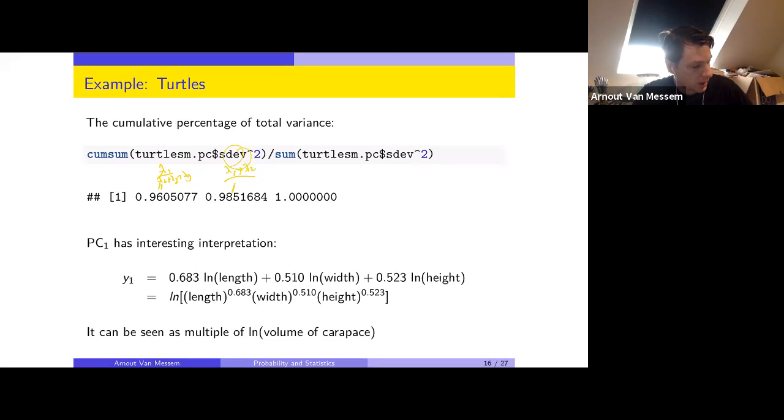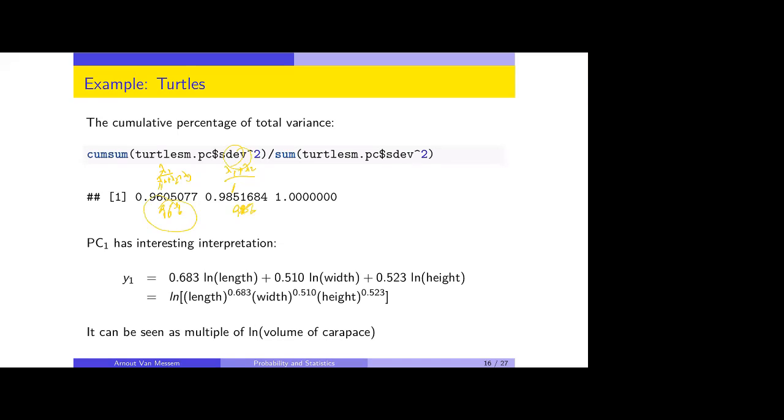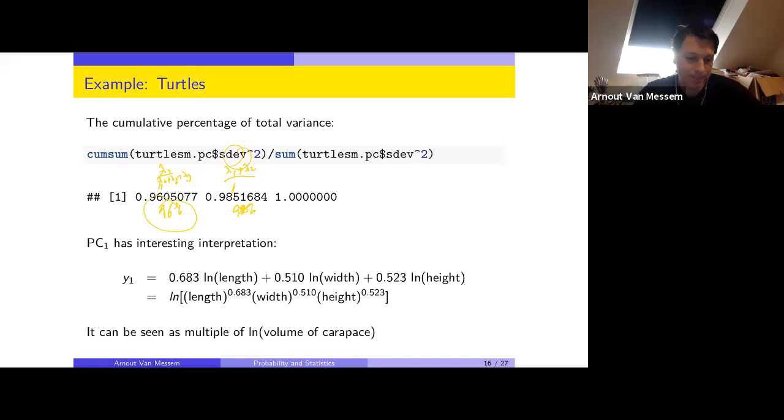You can see this is 96%, this is 98% with 2 principal components, and of course 3 principal components explain 100%. So in this case, already with 1 principal component you explain 96%, so you could reduce from 3 to 1 variable. I see. Clear. Okay. Thank you.